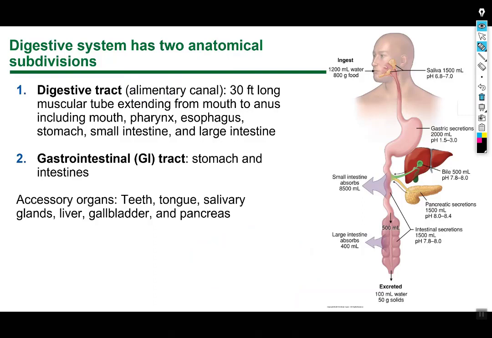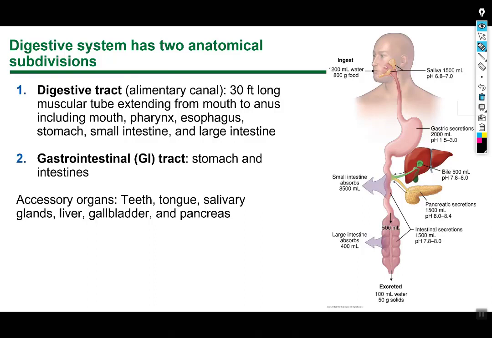The gastrointestinal tract is limited to the stomach and intestine, so it doesn't include the esophagus or the mouth. The reason for the distinction is that different phases of digestion and absorption happen in different areas of this particular tract.